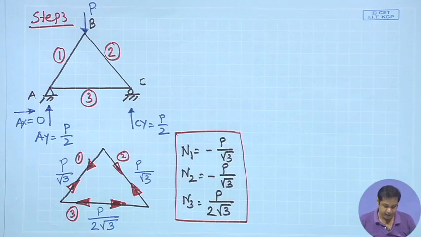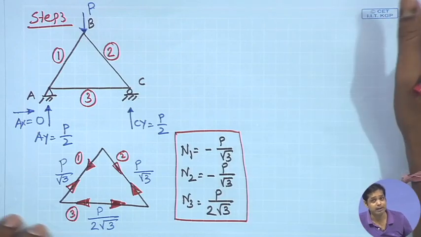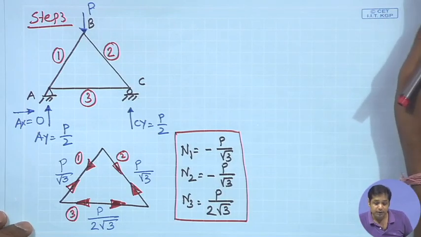Okay. And when we use the convention of unit load method. When we discussed that method, if you remember, we mentioned the method is a very powerful method and it has huge application in most of the subsequent methods that we learn in this course.